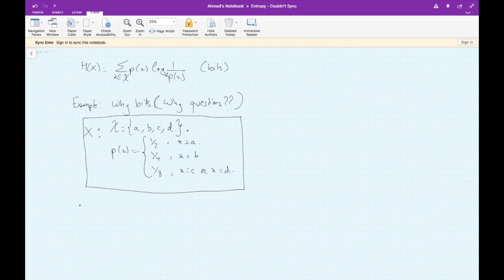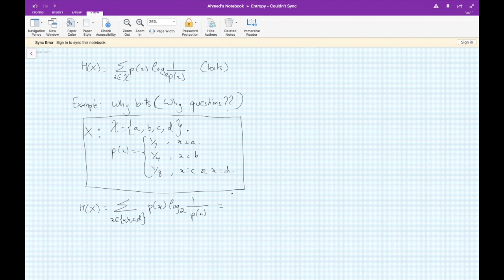Immediately we can compute the entropy, which is the sum over all possible values of x, A, B, C, and D, of p of x log to the base 2 of 1 over p of x.